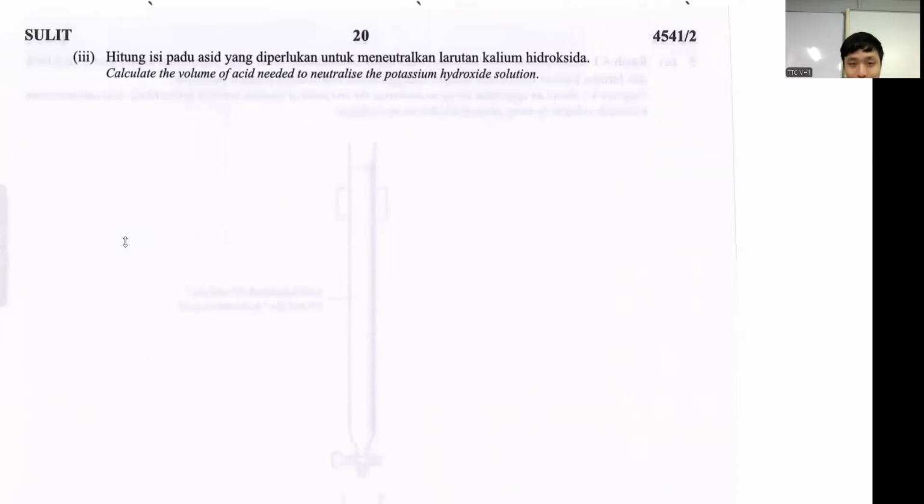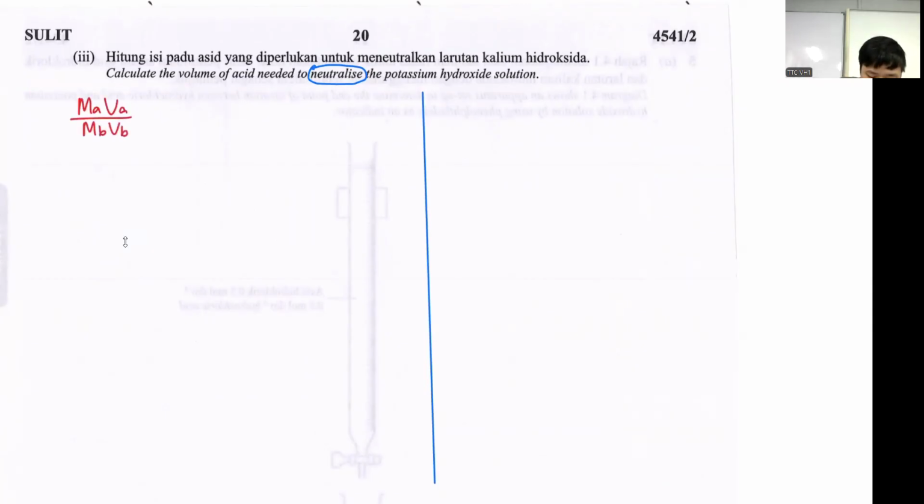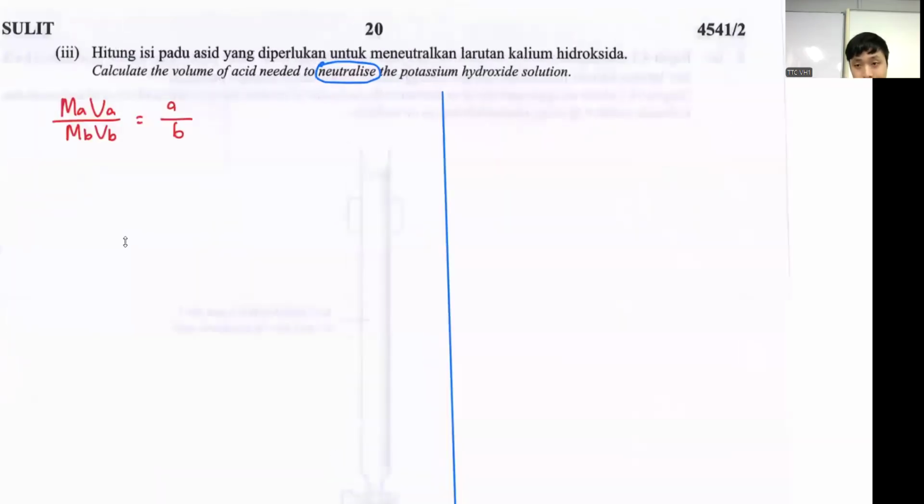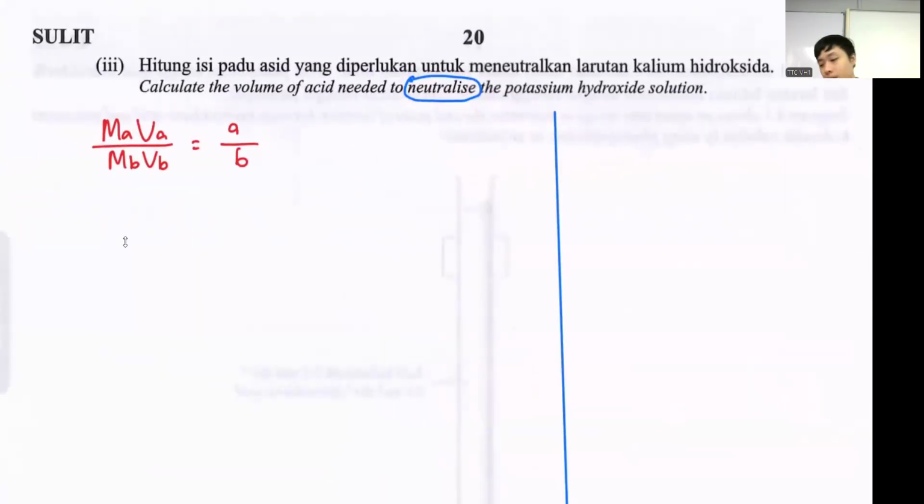Okay. So normally for the neutralization formula, I try the first method first. Normally the first thing is MAVA over MBVB equals a over b. This is what happened, right?